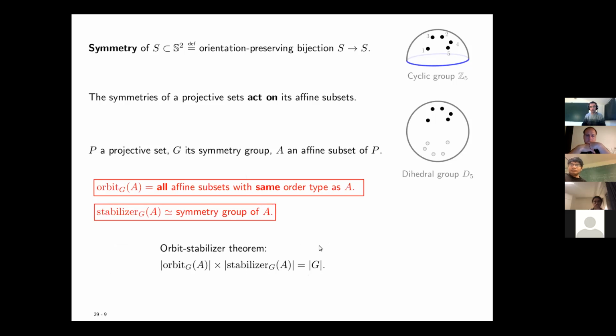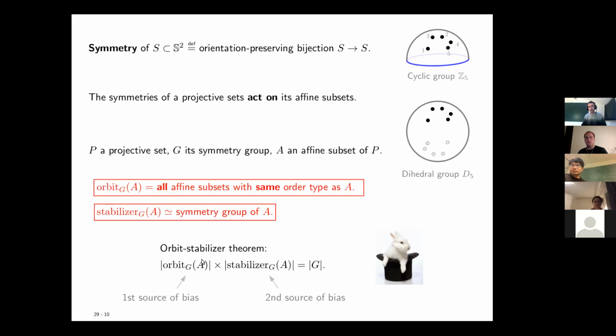And now there is this orbit-stabilizer theorem that tells you that whenever you have a group that acts on a set, the product of the size of an orbit with the size of the stabilizer of that set in that orbit is always the cardinality of the group. And the orbit here is basically proportional to the probability that A has a given order type, right?